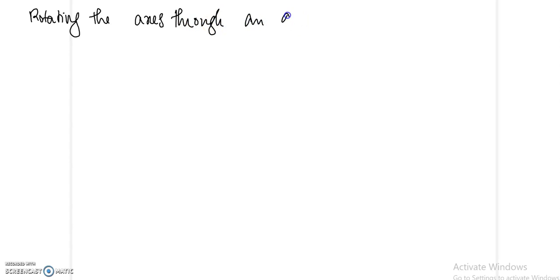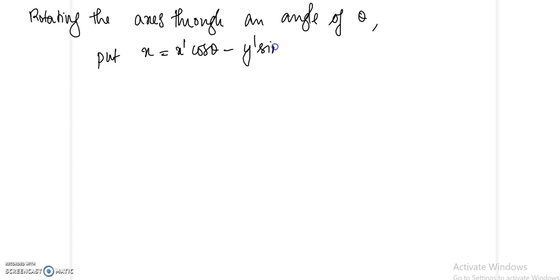Now let us use the transformation, rotating the axes through an angle of theta. So put x equal to x dash cos theta minus y dash sin theta, and y equal to x dash sin theta plus y dash cos theta.